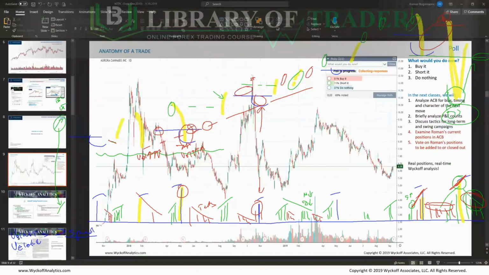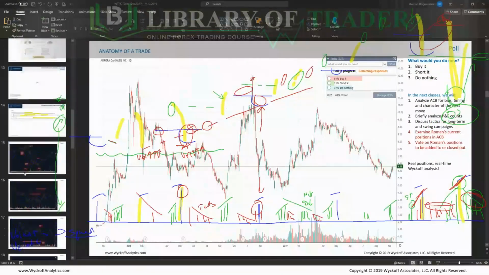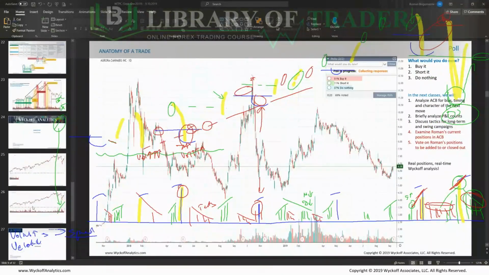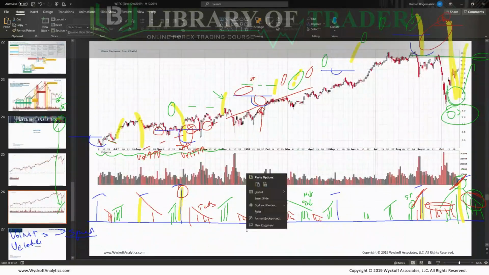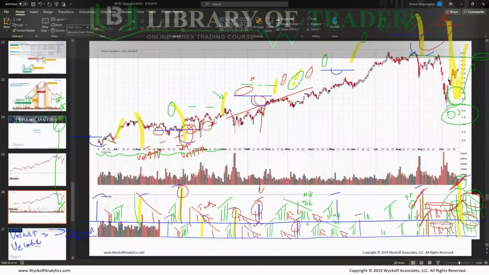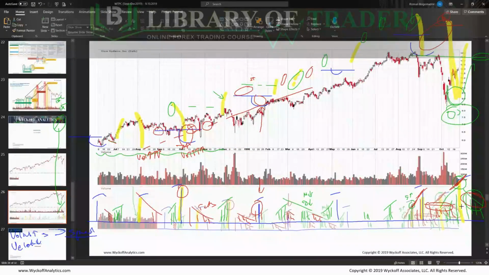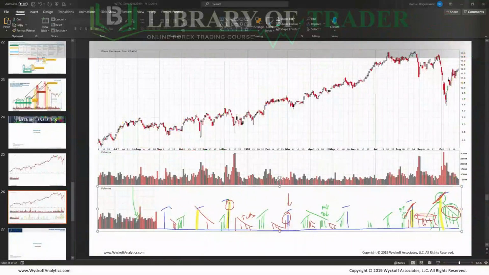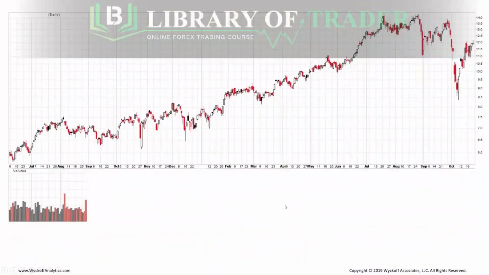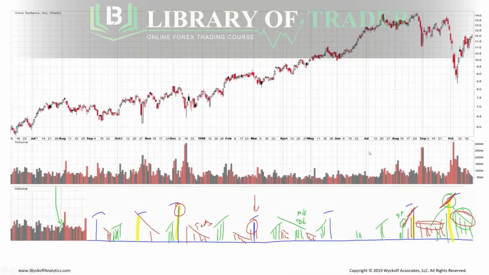Okay, let me do this. All right, great. That was easy. Okay. Here you go. Here's our solution, and here is the solution to the exercise itself.